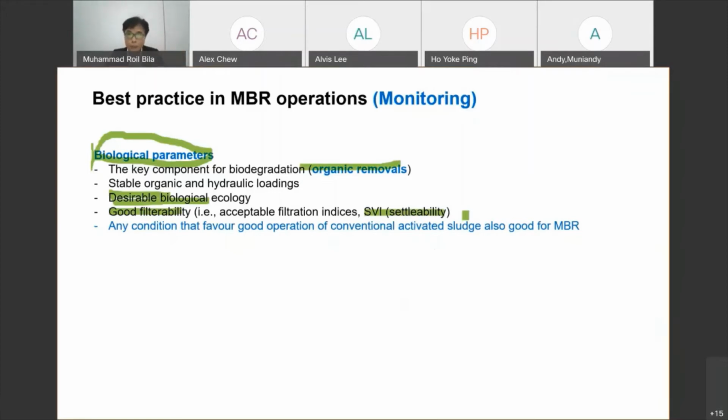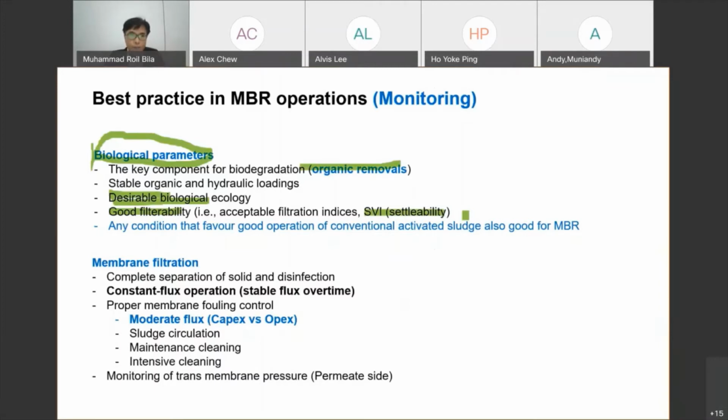Okay, the second aspect in operating MBR is the filtration itself. So the job of the membrane in MBR is basically just to separate the solids, which are the microorganism cells. And in all of the full-scale applications, MBR is operated at constant flux.